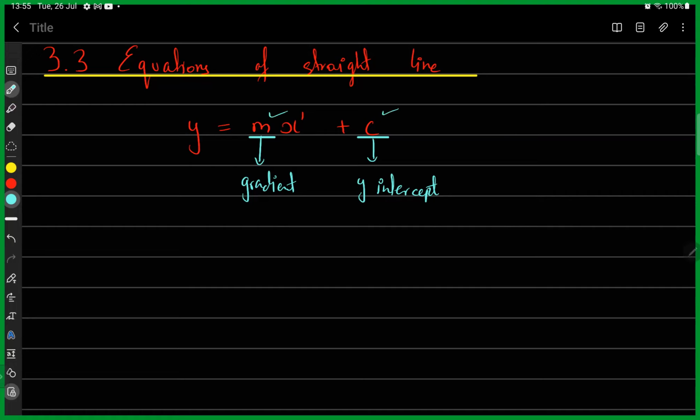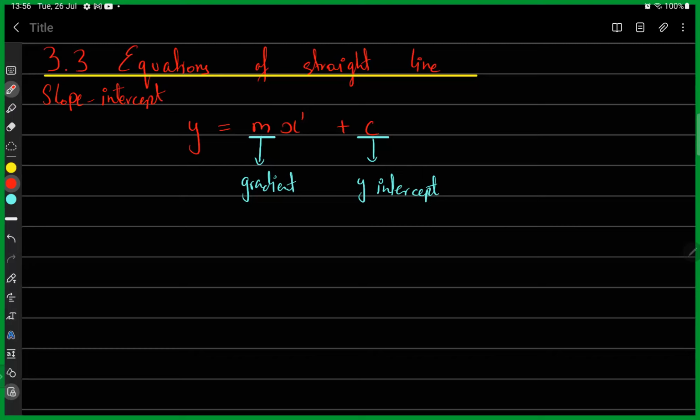If you've been asked to find the equation of a straight line, you have multiple ways. Obviously, the question is not going to be that simple that you already have the y-intercept and gradient; it depends upon the scenario. Let me write down all the equations that you can use. This is the first type, the slope-intercept form of the equation, because we have slope and intercept clearly written.